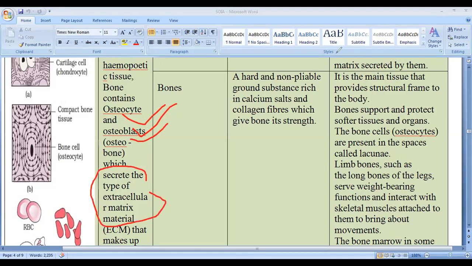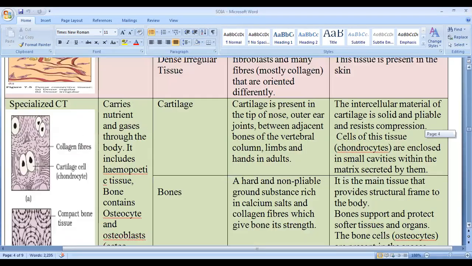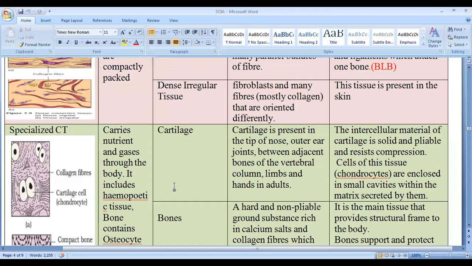ECM stands for extracellular matrix, and this ECM forms the makeup of bone. This ECM is involved in the formation of the bone. Clear? So this is the specialized tissue. Means you can say osteocytes and osteoblasts are found inside the bone, and they secrete the ECM, extracellular matrix, and this ECM is involved in the formation of the bone.